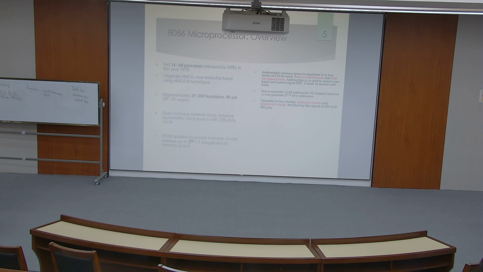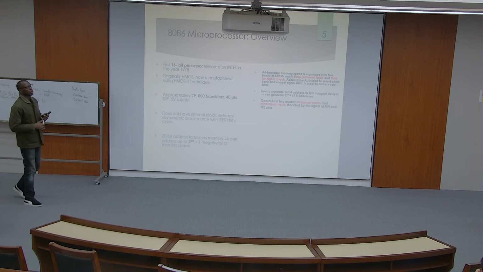Now, let's have a quick view of the 8086 microprocessor. The 8086 is a 16-bit microprocessor, which means the data width is 16. We have talked about 16-bit, 32-bit, and 64-bit when we talked about Intel microprocessors, and we got to understand what it means.